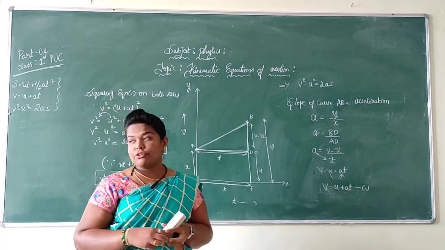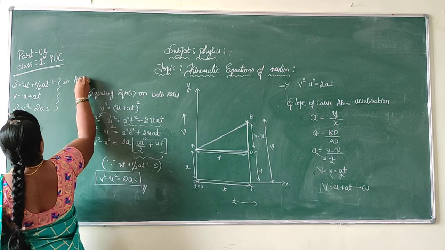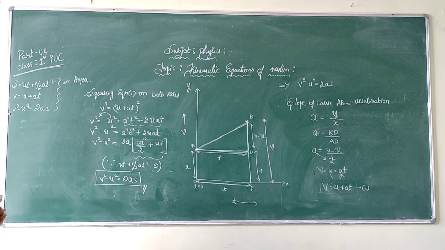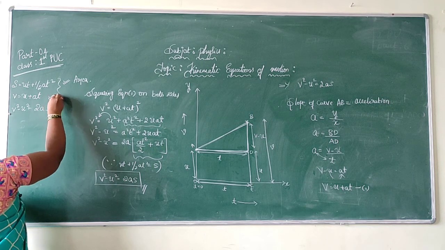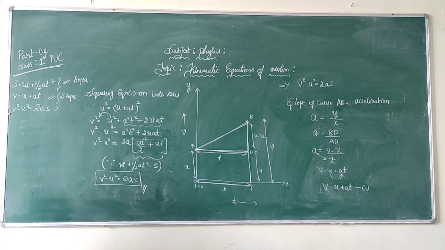For the first equation of motion, what I did, I just calculated the area under the curve by splitting the trapezium into 2 different parts, one is a rectangle and another is a triangle. And for the second equation of motion, I just calculated the slope. By calculating the slope under the curve of the VT graph, I got acceleration.